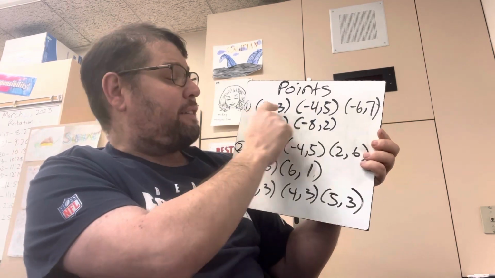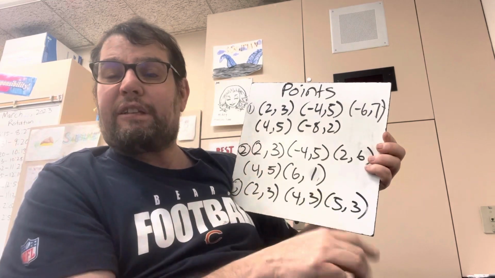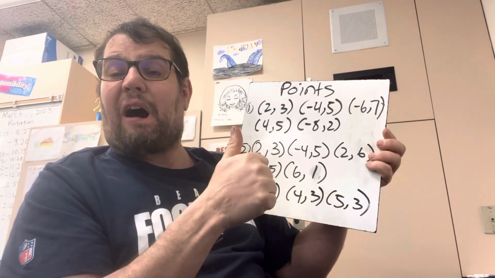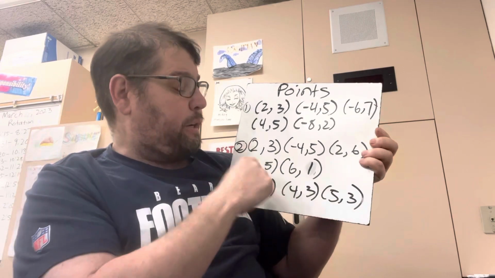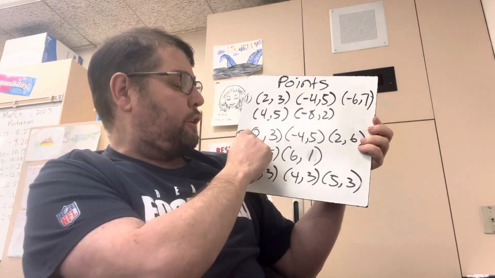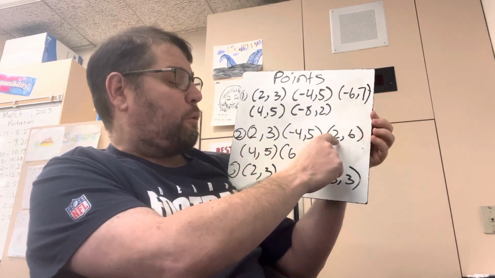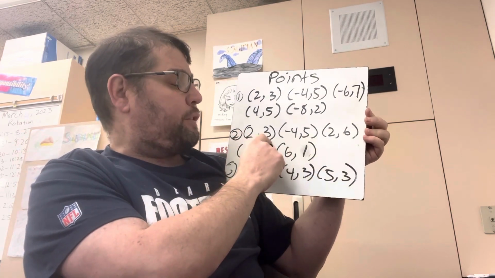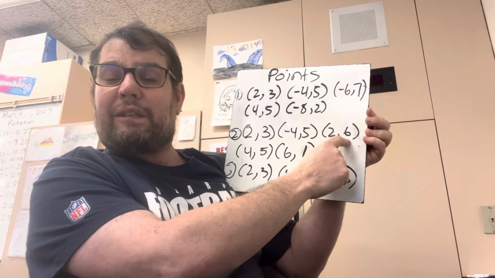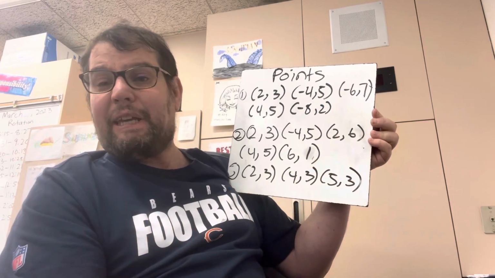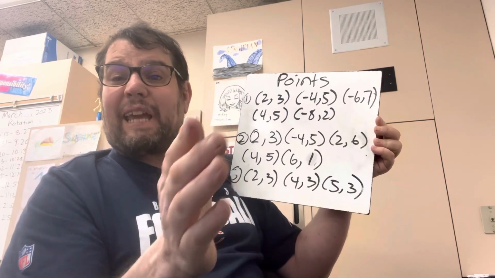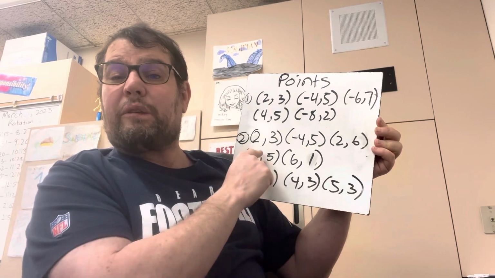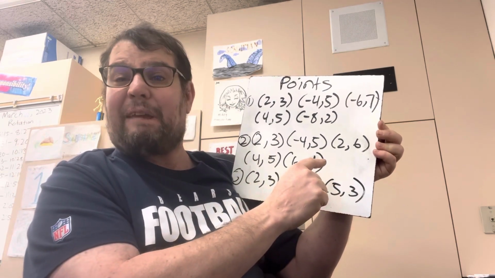All of my x numbers are different, so I know that is a function, yes. But if we look at our number 2 example, we have (2, -4), we have 2 again, so now we have to check. 2 is 3, 2 is also 6. Can't be. X always has to have the same answer coming out. So this example here is not a function.